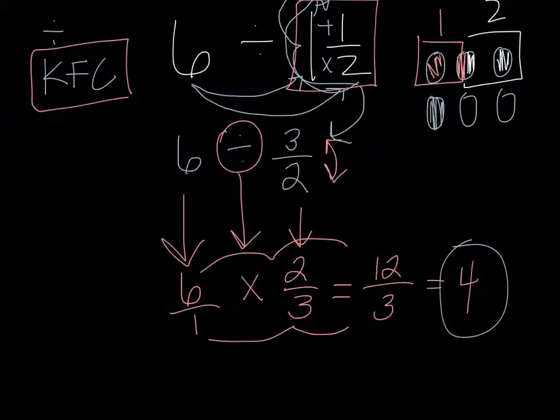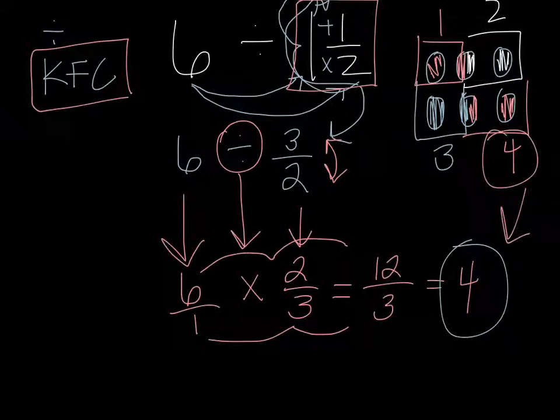Then another whole and a half, that's 3 groups, and I have left a whole and a half. And my answer is, when I put 6 objects in groups of 1 1/2, this will give me 4 groups.